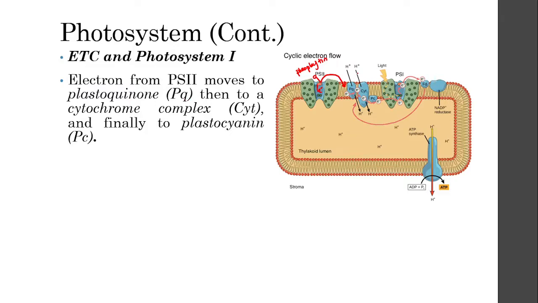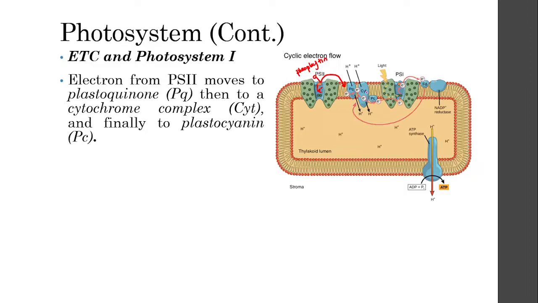Then from plastoquinone, it will move to the cytochrome complex, or CYT, and then from the cytochrome complex, it will move to plastocyanin. Okay, so as you can see there, the electron is transferred to plastoquinone, to cytochrome complex, to plastocyanin.